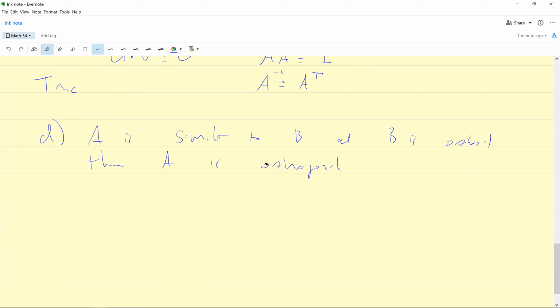Any thoughts on this? What does it mean again if A is similar to B?